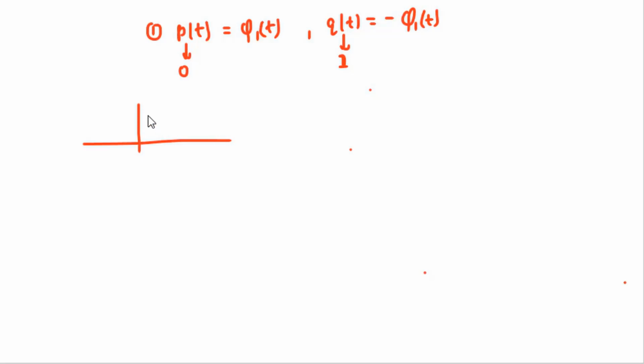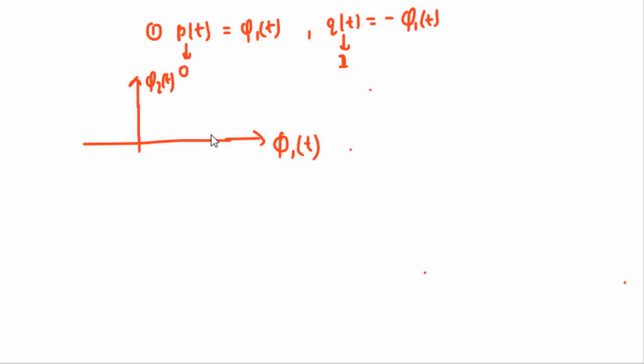So in the question, in the first condition, you are given P of t as phi 1 of t, where P of t is represented with 0, and Q of t as minus phi 1 of t, where Q of t is represented by bit 1. So in the signal state representation, this is your phi 1 of t axis, and this is your phi 2 of t axis.